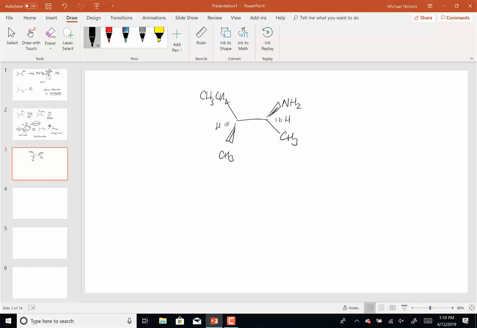So if I started with this molecule, I could do either Cope or Hofmann, and we're going to do both of them. They'll both give the same major product, but it's the other product that's going to be slightly different. Okay, so that's what we need to look at.